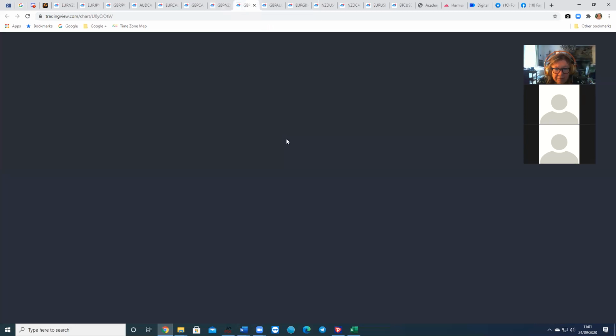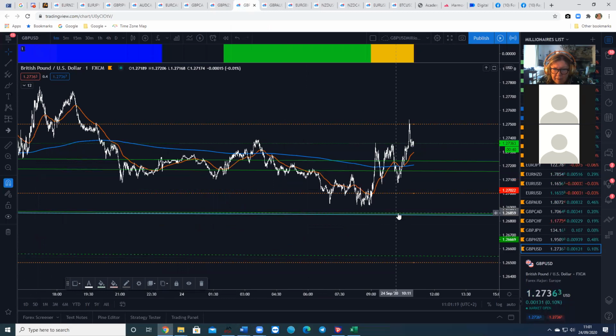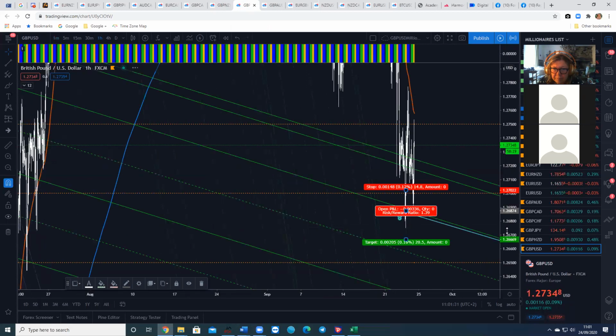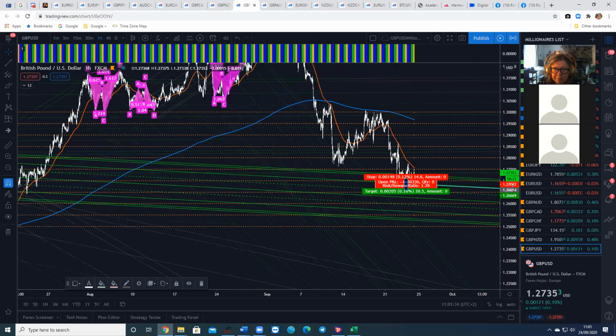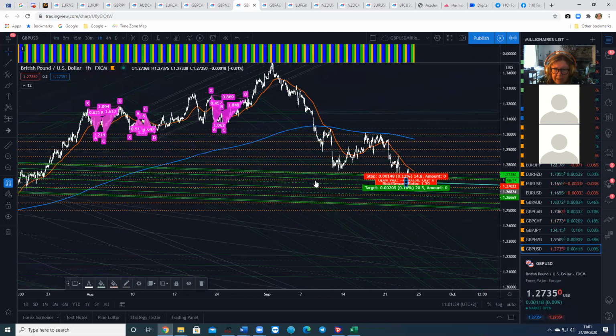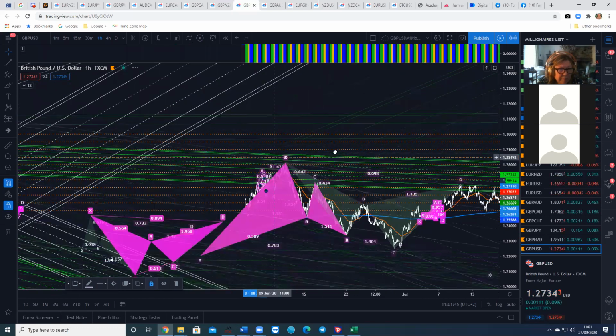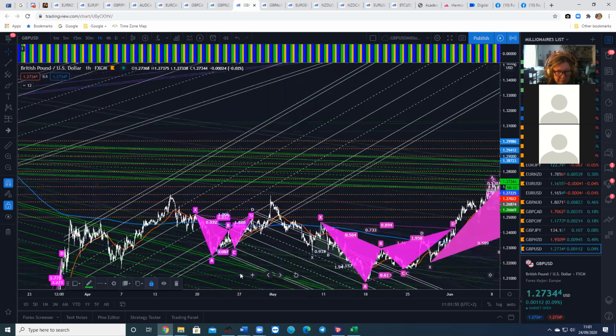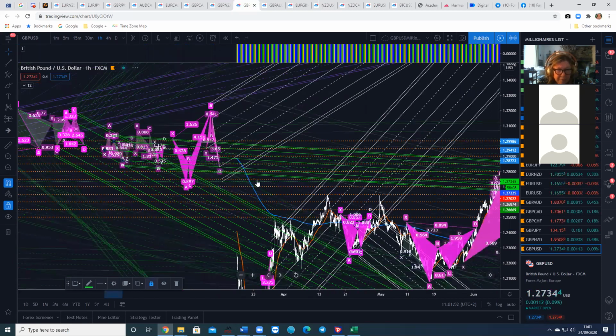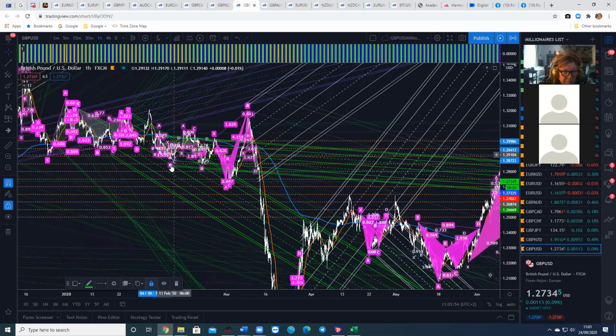GBP USD. I had that down there, back in an old scan, somewhere around there, February.